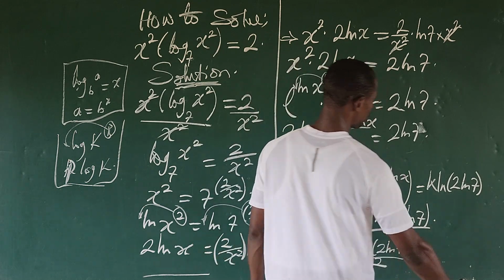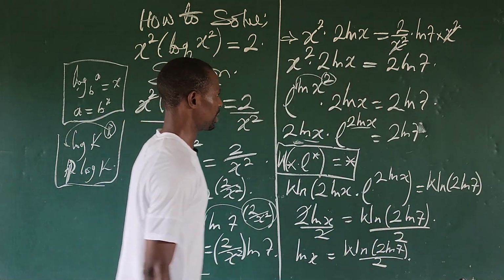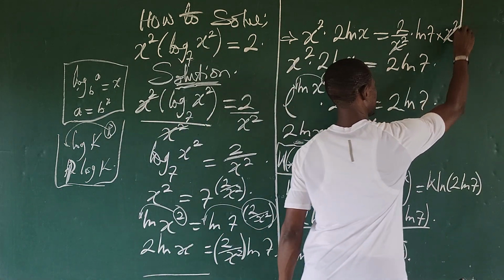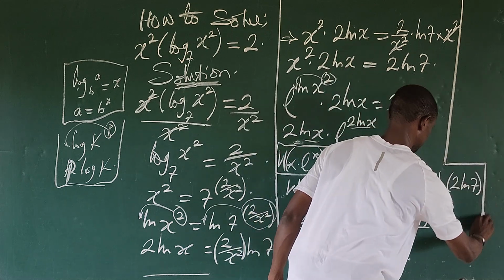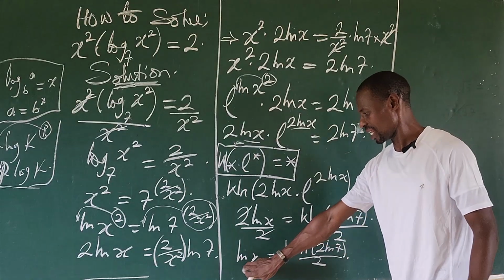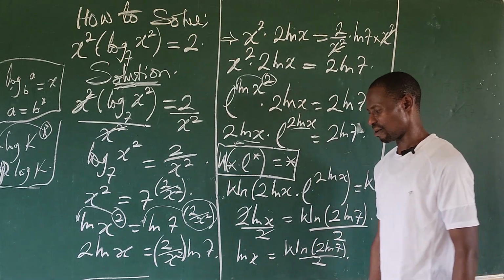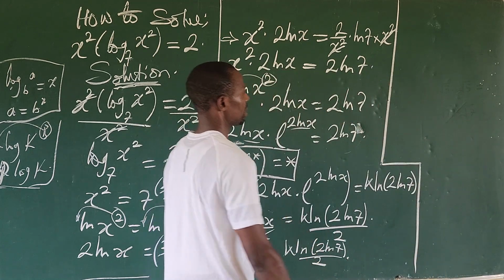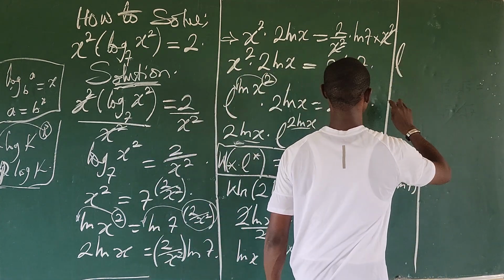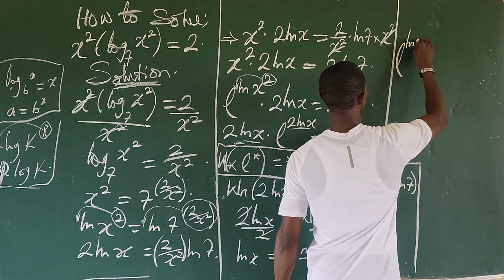Okay, so let's continue on this side and see what this will give us in turn. We just have to eliminate this natural log here by introducing e to the system. So we're going to have e to the power of ln of x.